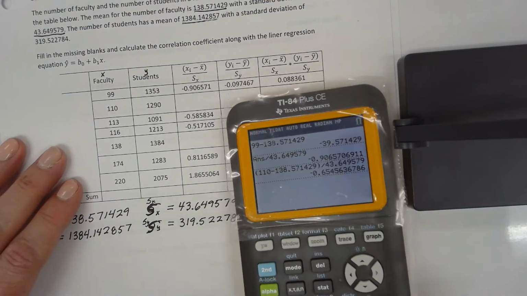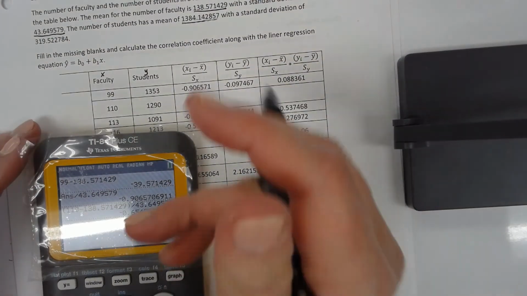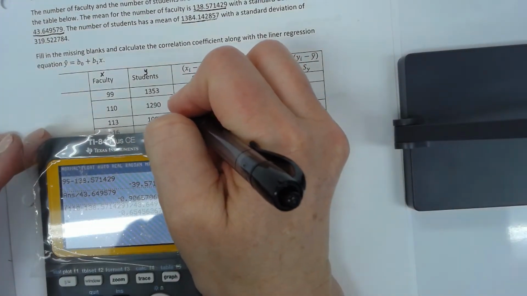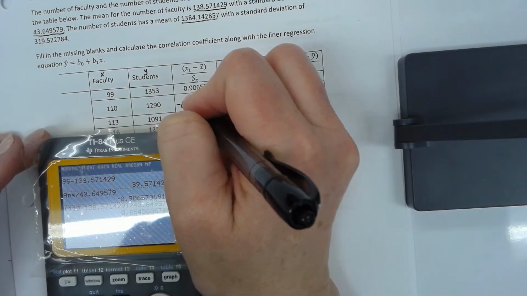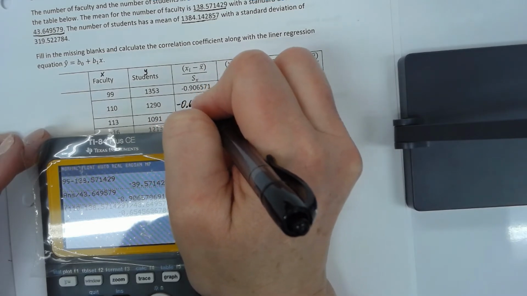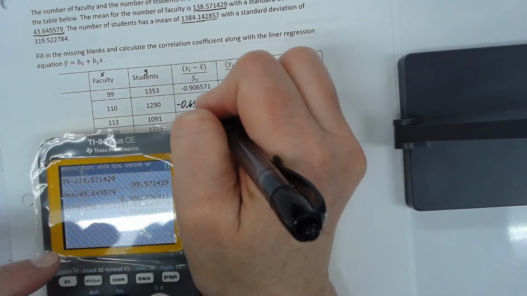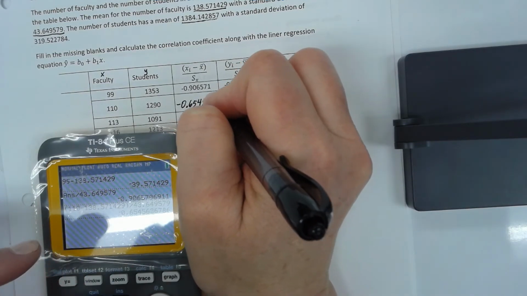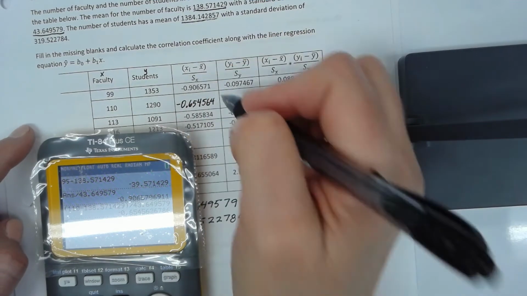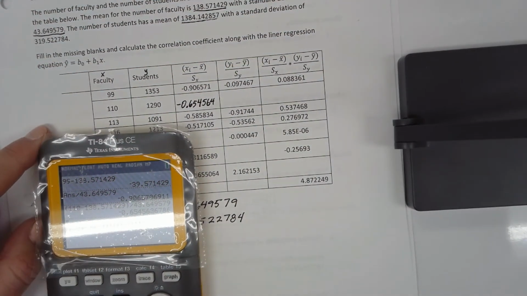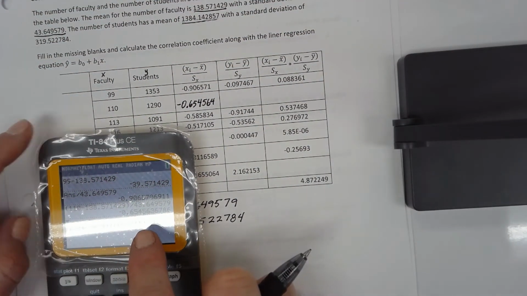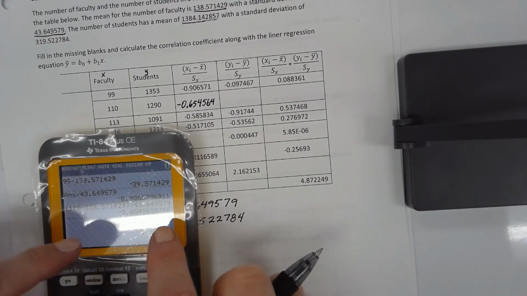So that value is going to be negative 0.654564 if we round it to 6 places just like they did. Okay?